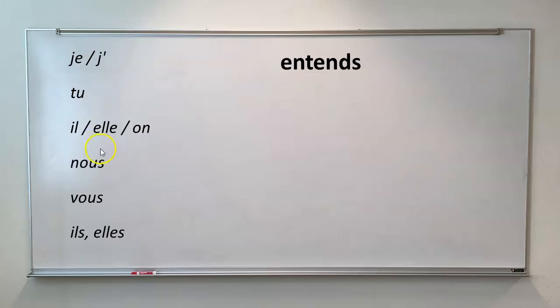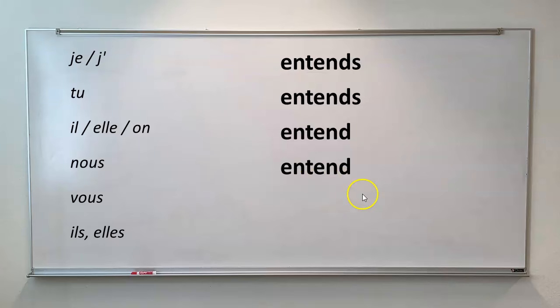So we have j'entends, I hear. We have our root here and we add the ending for tu, and we have tu entends, you hear. Il, elle, or on, it's just the root. Remember, there's no ending. So, il entend, elle entend, on entend. For nous, here's the root, and we add the new ending, which is ons.